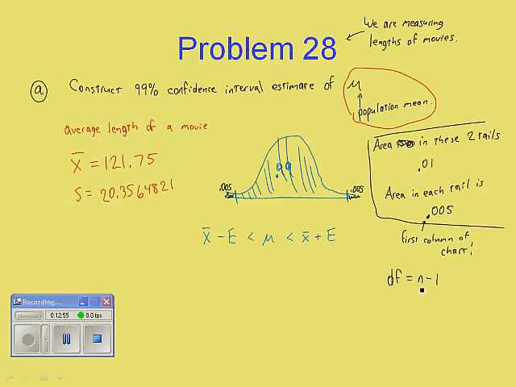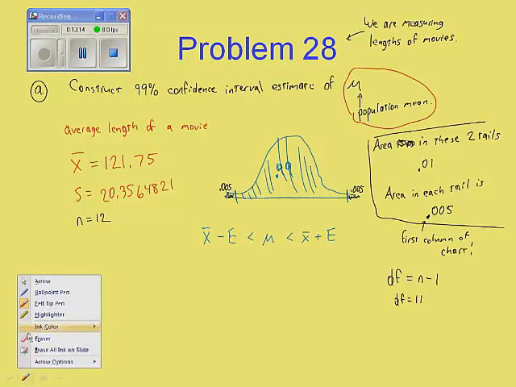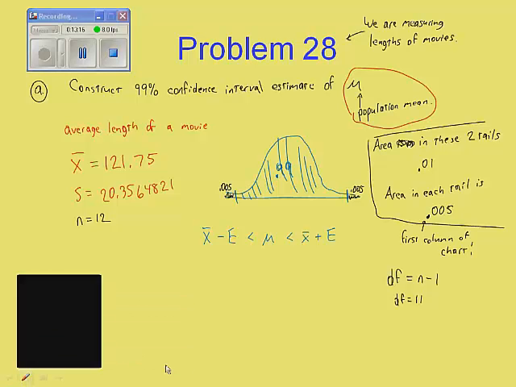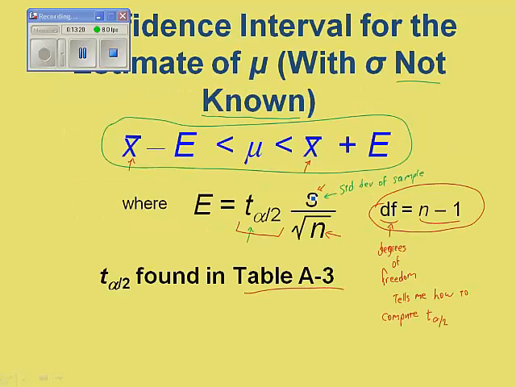But if we just look on the chart, well, n is what in this example? 12. You're right, I did need that. So my degrees of freedom is 11. So now I think I have everything I need to compute E. So let me see if I can get my blue marker out and compute E. And again, the formula we're going to use was right here. t alpha over 2 times s over the square root of n.